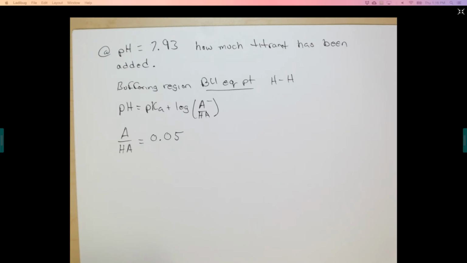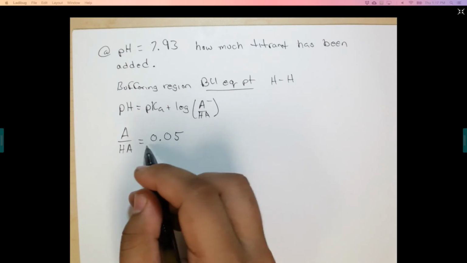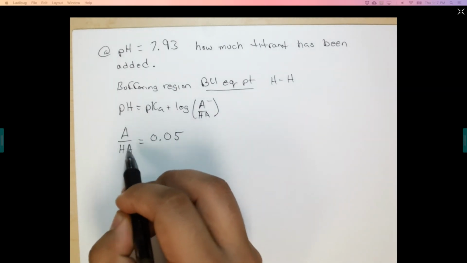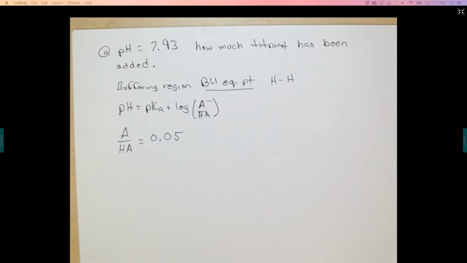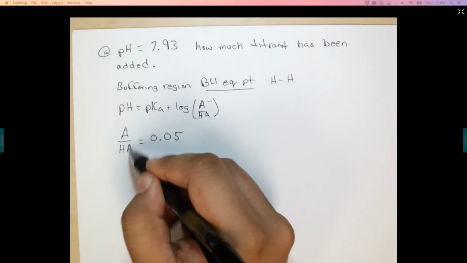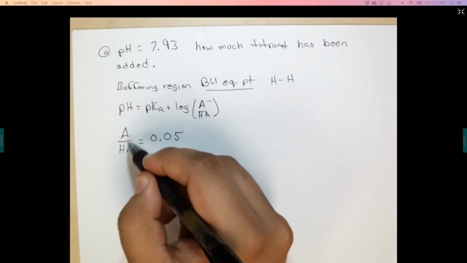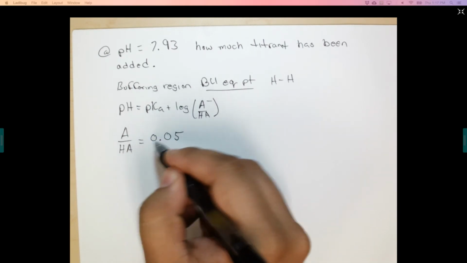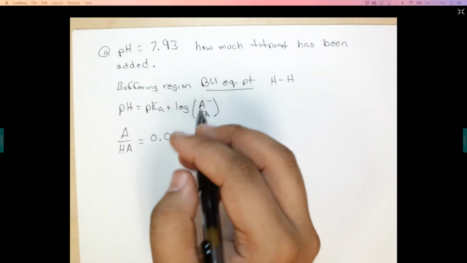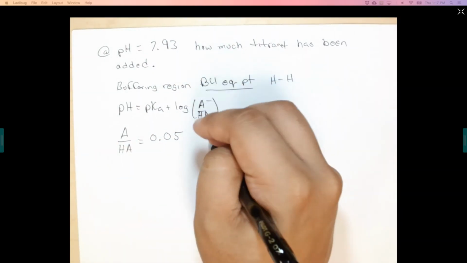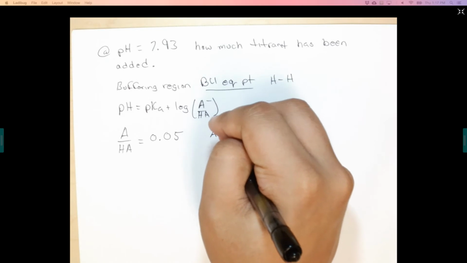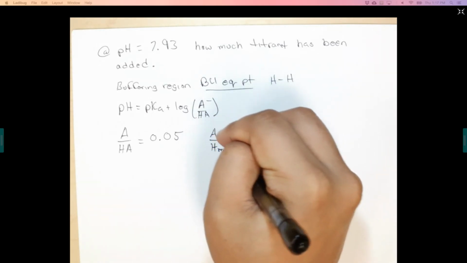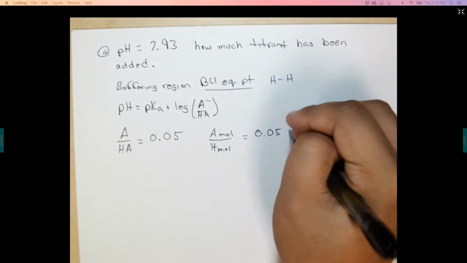Now to get this ratio from what we started with, we know that we started with a particular amount of HA that was given to us in the very beginning. But we also know that this is a function of moles, because at any of this ratio, the mole ratio will be the same as the concentration. So from a molar standpoint, the number of moles of A over the number of moles of HA has to equal 0.05.